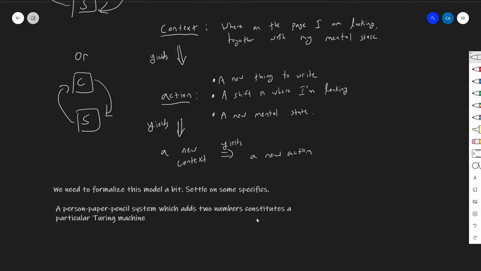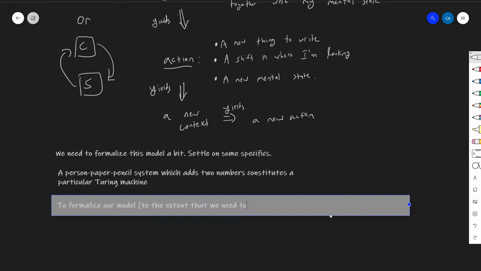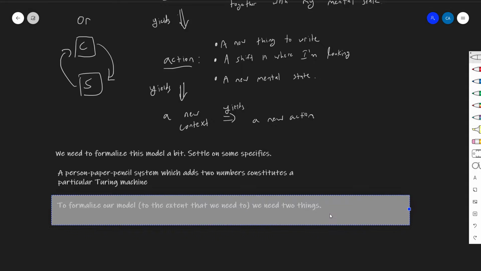And what we want to do is formalize that into math a bit. So to formalize our model and define a Turing machine, we need two things. The first thing we need is a standardized way of specifying a particular Turing machine.